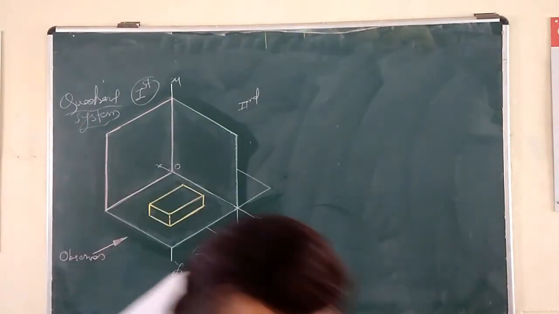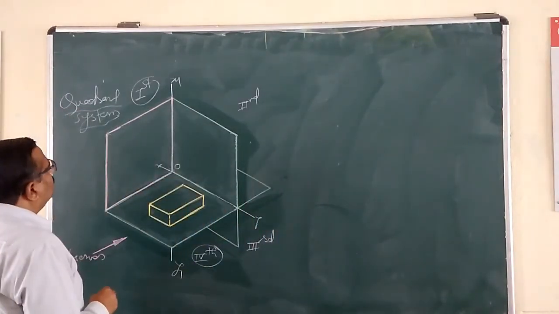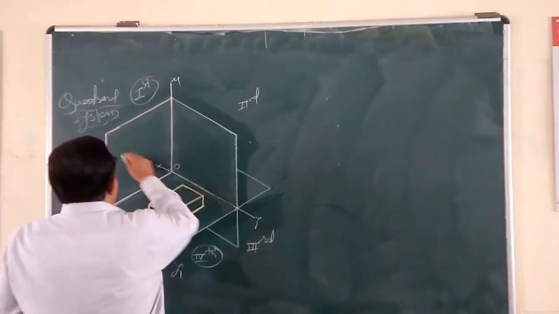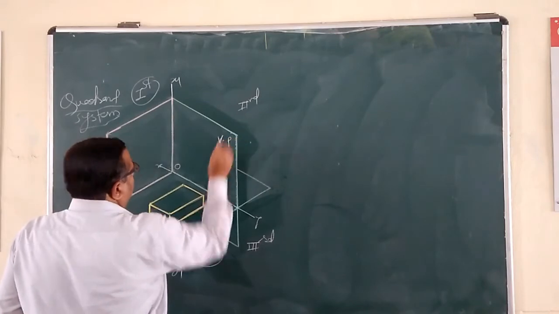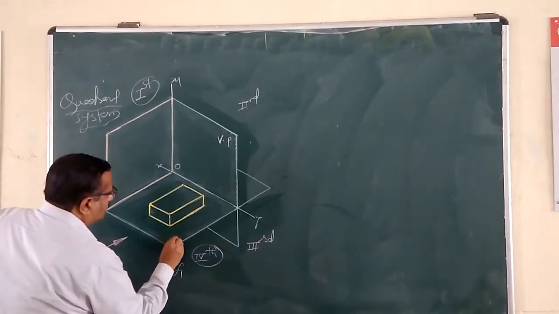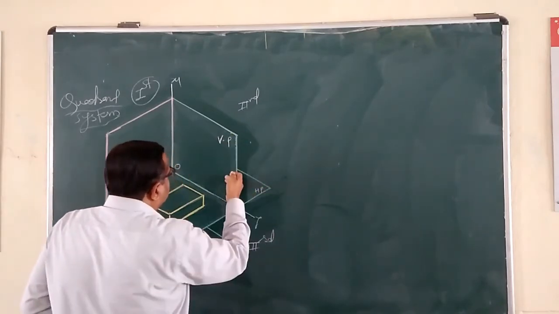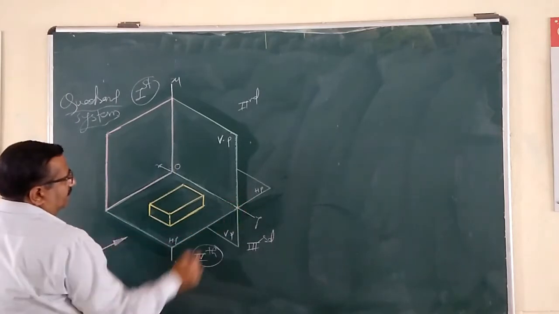So I will just nomenclate the particular principal planes of projections. Which are the principal planes of projections? There are three principal planes of projections. Which are those? Vertical plane, horizontal plane. As this is vertical plane, this is also vertical plane, and horizontal plane.